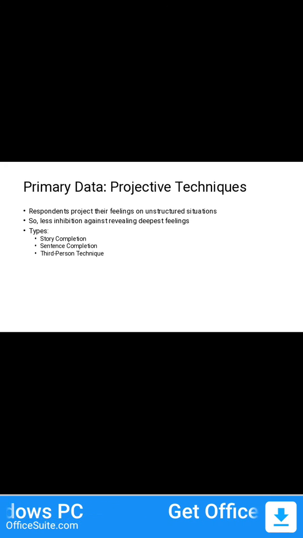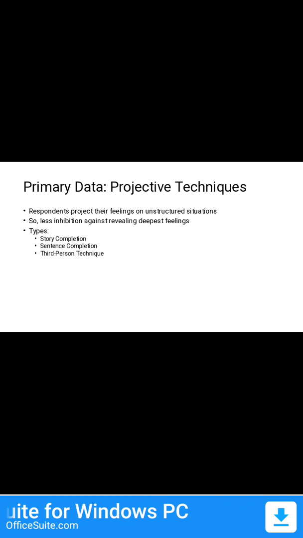Another variant could be the third person technique, wherein the respondent has to talk in third person. What do we mean by third person? You would remember from your knowledge of English grammar, first person is I, second person is you, and third person is they, he, she, her. So third person means he has to narrate a story in the third person.